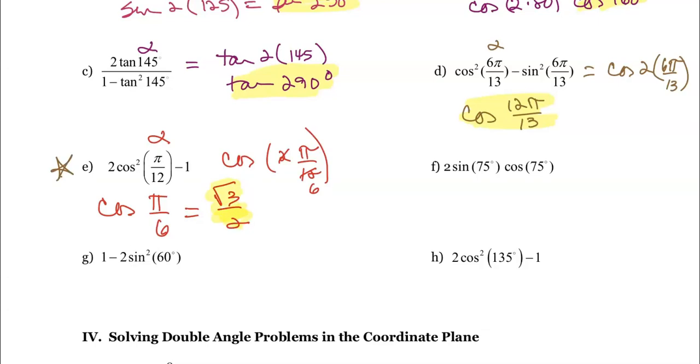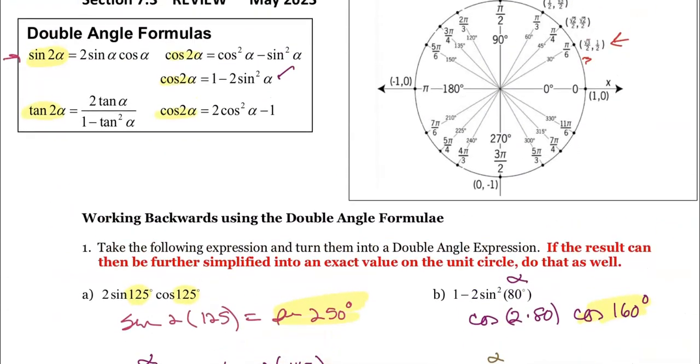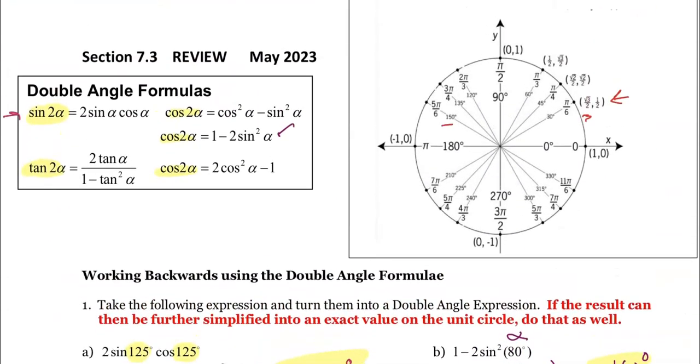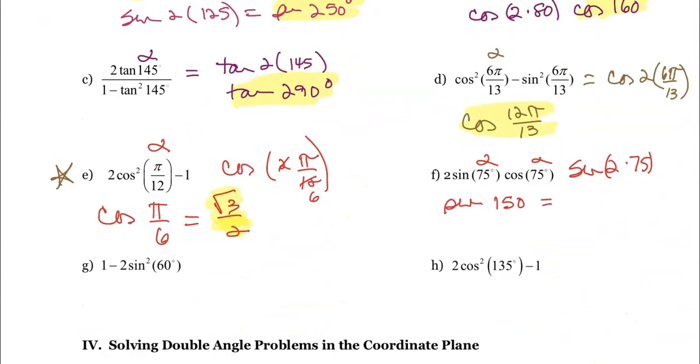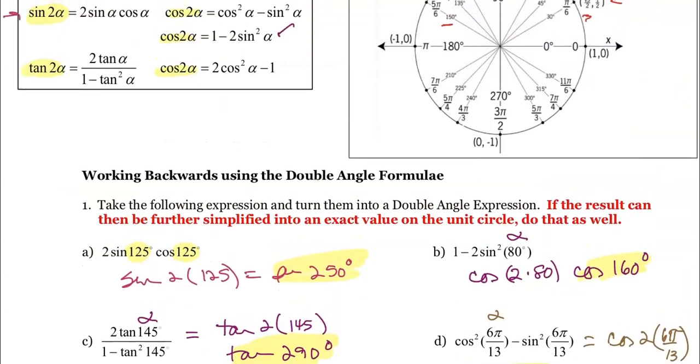Okay, next one, sine next to cosine with a 2 in front. That was the sine of 2 times 75, because 75 was your alpha. So that is sine of 150, also a unit circle angle. So we come up and we figure out what 150 is. It's right there. In that quadrant, I know sine is positive. I'm going to put down a positive right there.